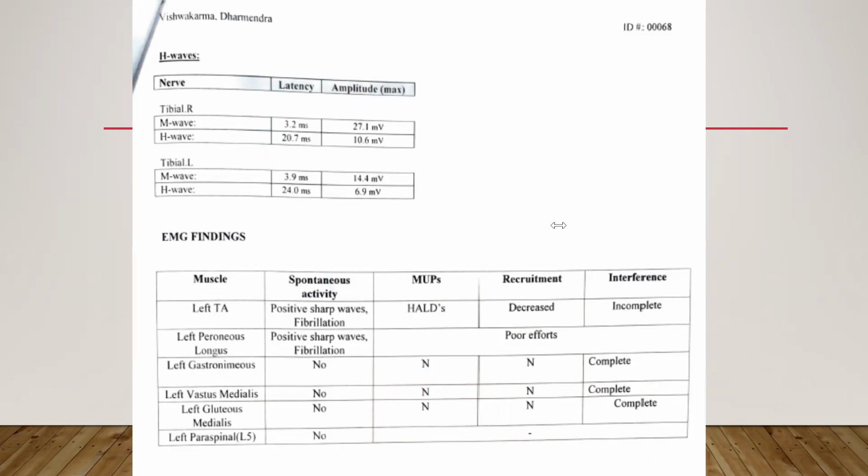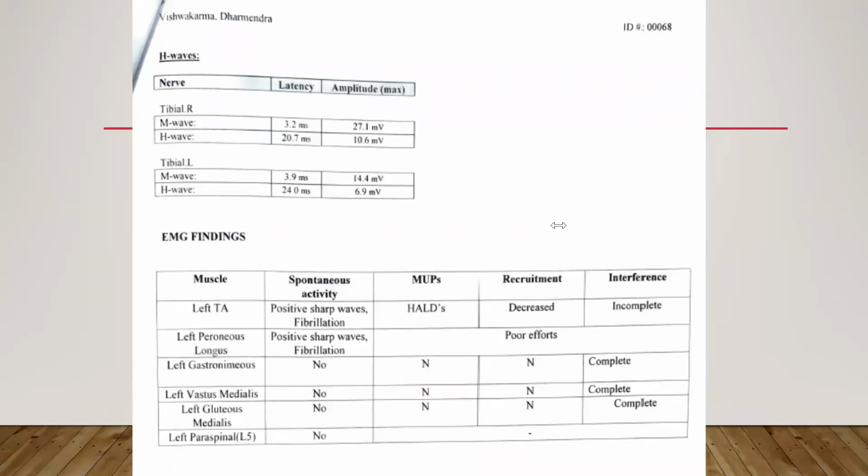Gastrosoleus. Okay. So, suppose for example a patient has tibialis anterior weakness, so that means L5 should involve all the muscles, right? Including the tibialis anterior, gastrosoleus, then hamstrings, then it also will cause weakness of the gluteus.